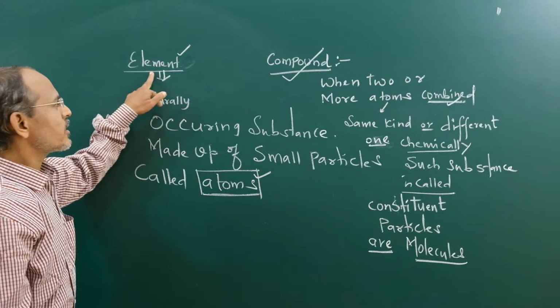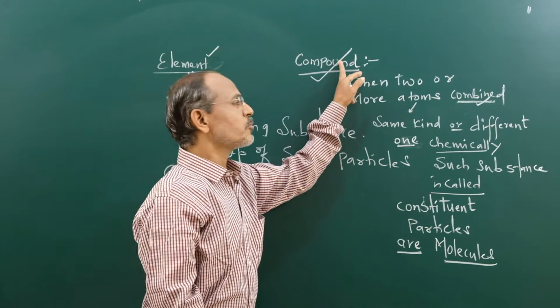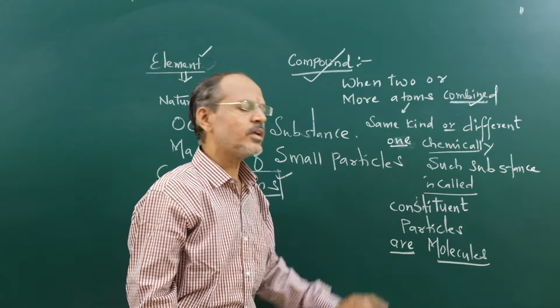The constituent particle of an element is the atom, whereas the constituent particle of a compound is the molecule.